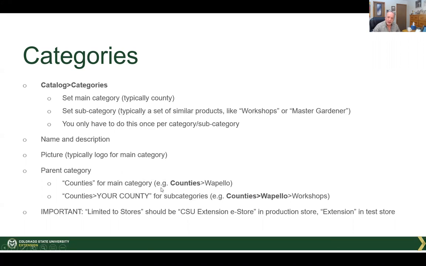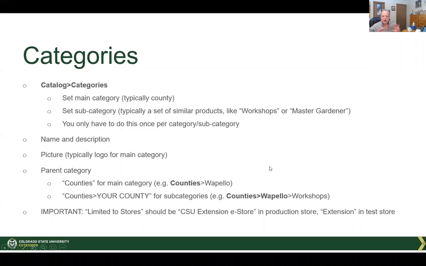After we set up in counties our main category of Wapello, you set up a subcategory by choosing counties and your county as your parent category. So in this case, counties and Wapello would be your parent category for the subcategory of workshops. If that's confusing, we'll look at it in just a second and see how it's done.